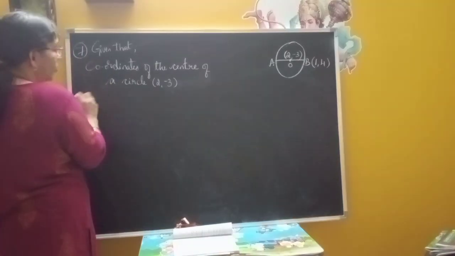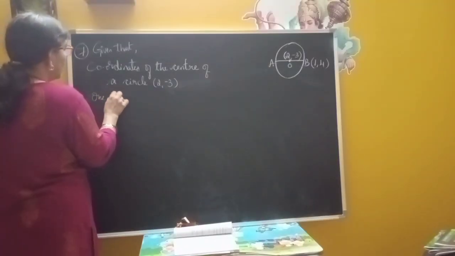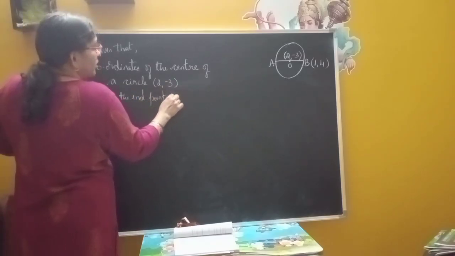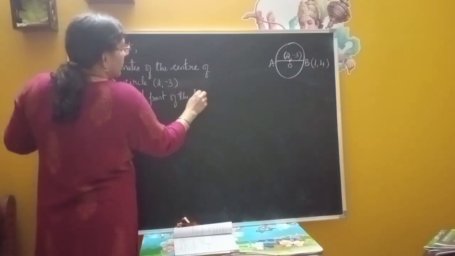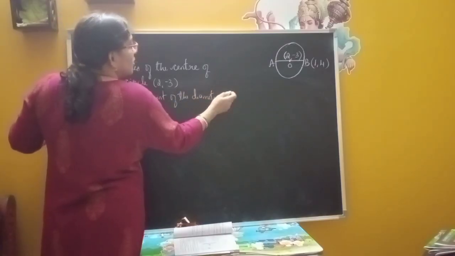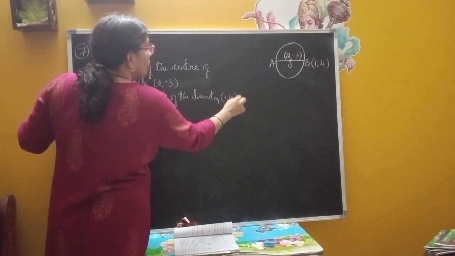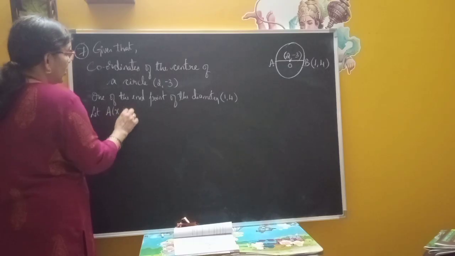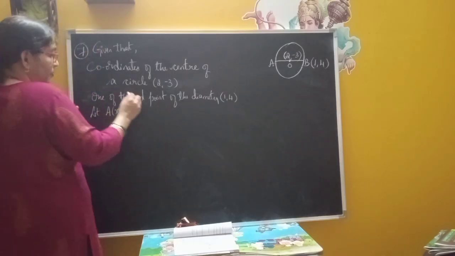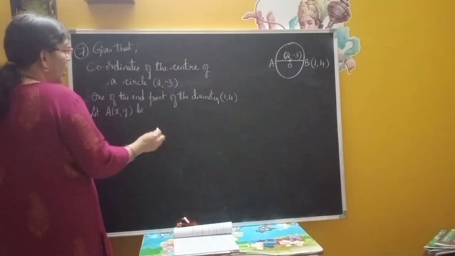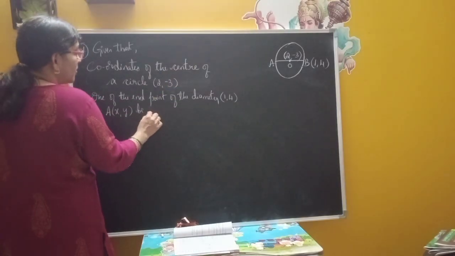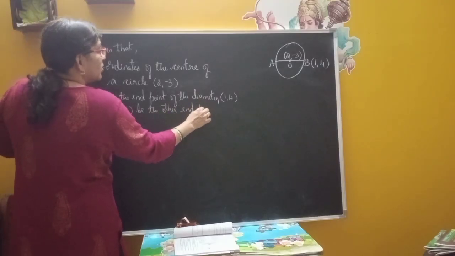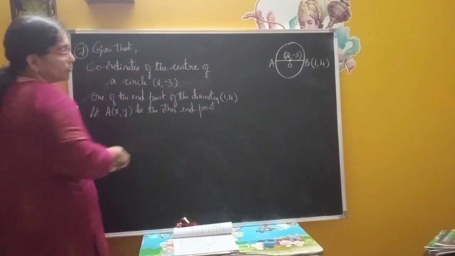Then one of the end points of the diameter is (1, 4). Now let A (x, y) be the other end point of the diameter.